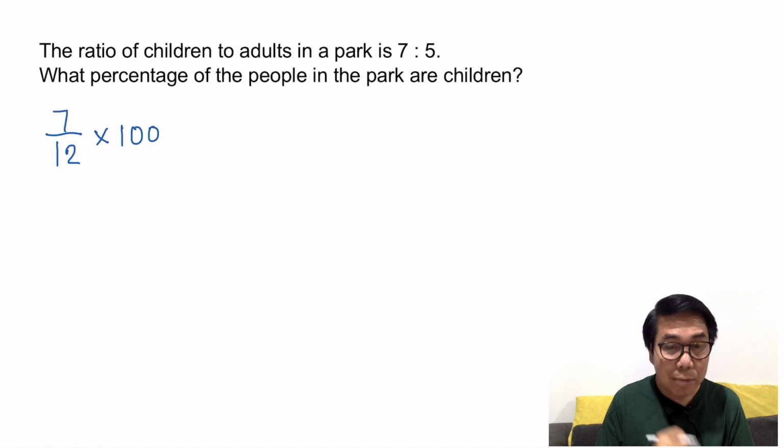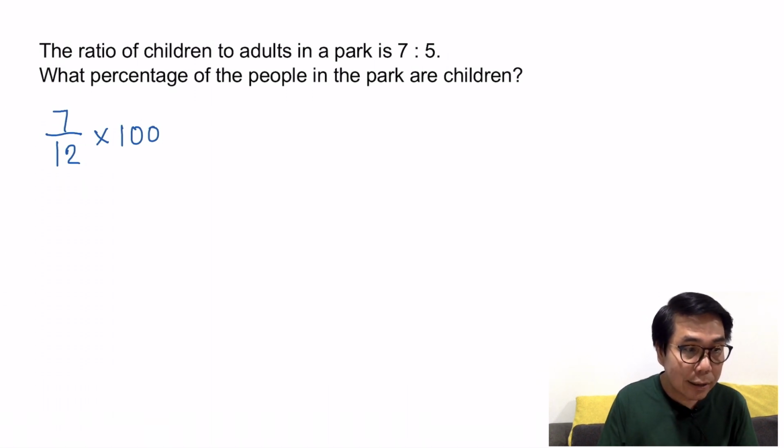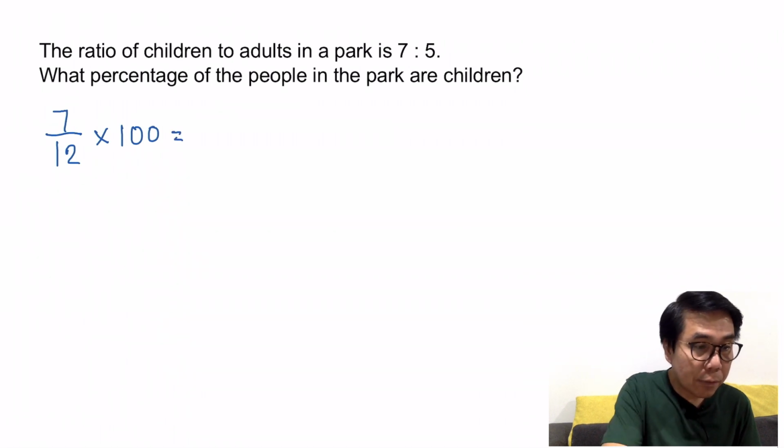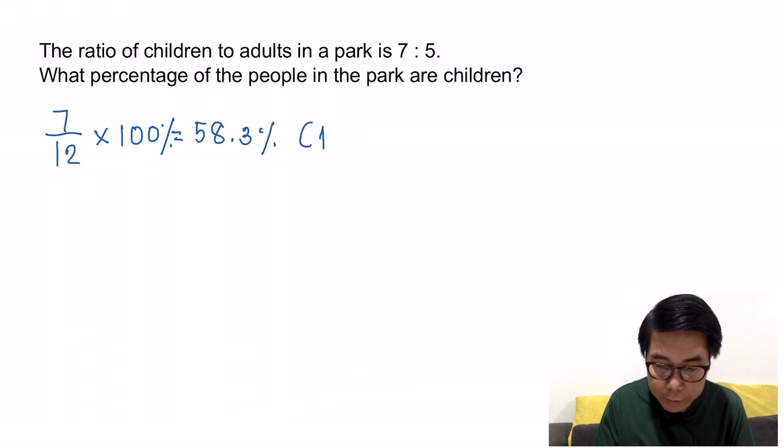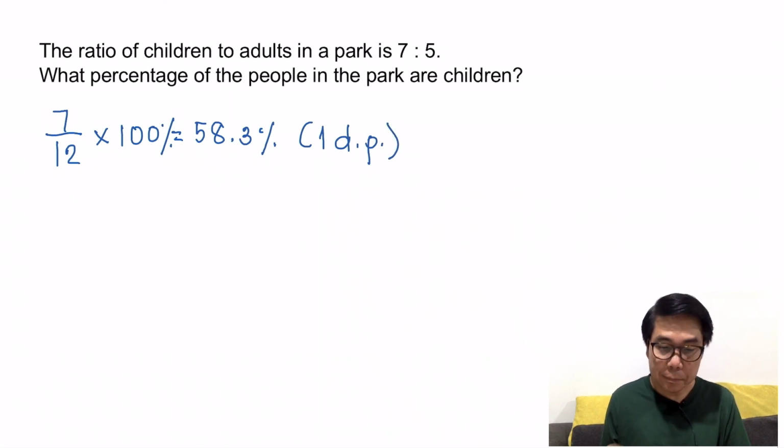So 7 divided by 12 times 100 gives us 58.3. This is in 1 decimal place, or 1 dp. Now let's proceed to the next one.